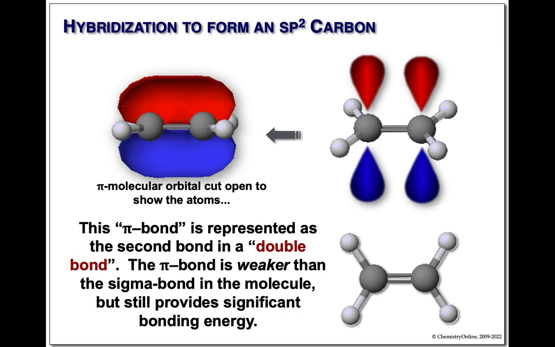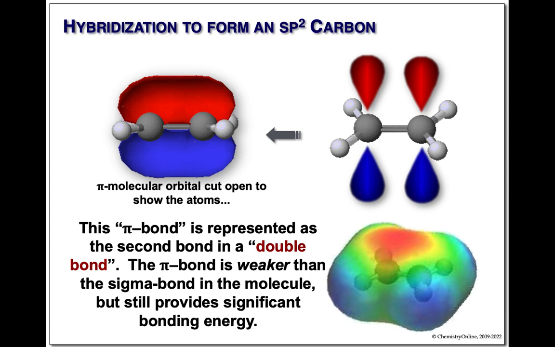Now this pretty much defines the reactivity of an alkene, because if we do an electrostatic potential map, right over the 2 carbons, we see we have this huge cloud of electrons above and below. Electrons mean reaction. There's also something interesting about this. In order for these guys to overlap, they have to line up directly, right?